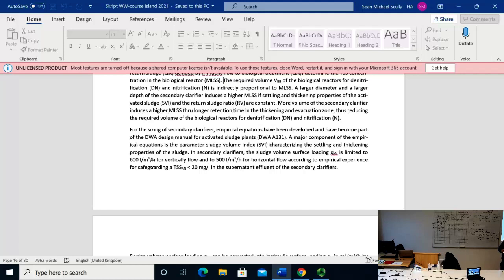For the scraper factor, either you determine which scraper you're going to use, or there is a scraper, and then you take the scraper factor for that scraper. You can verify it in an existing plant: stop the scraper and leave it for an hour, take a sample from the bottom and a sample in the return sludge, because this relationship gives you the scraper factor.